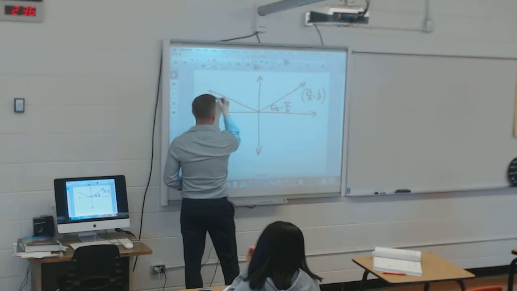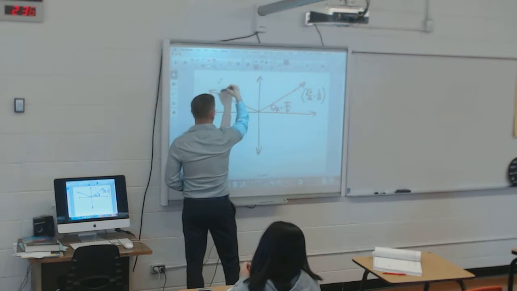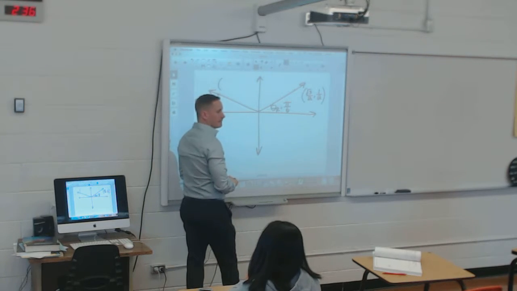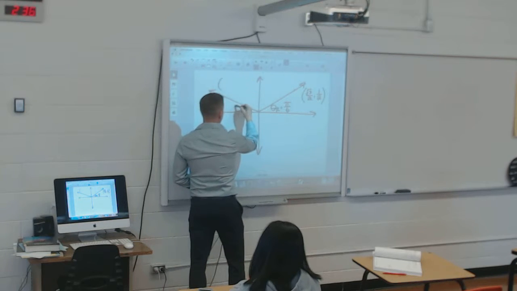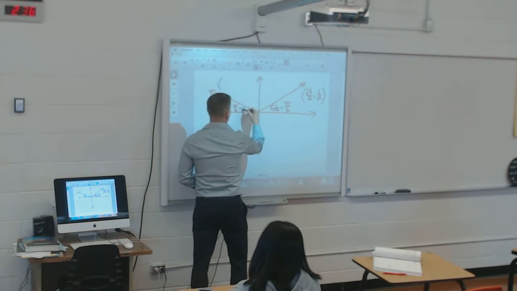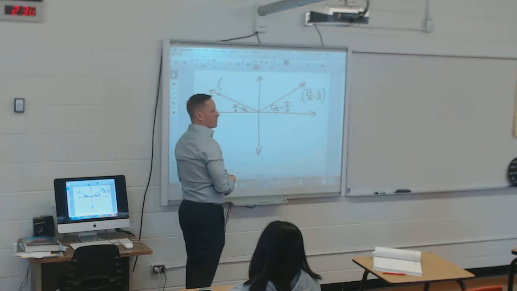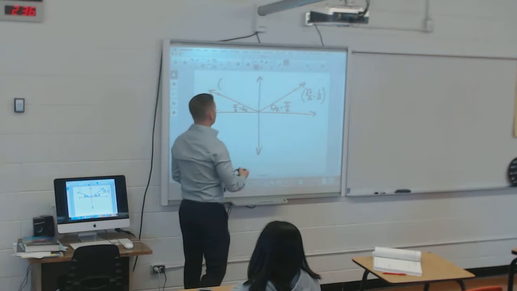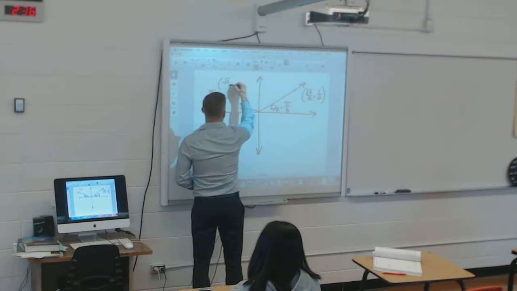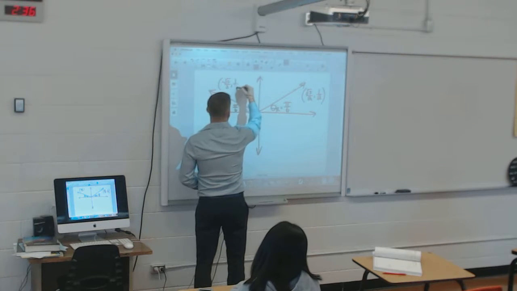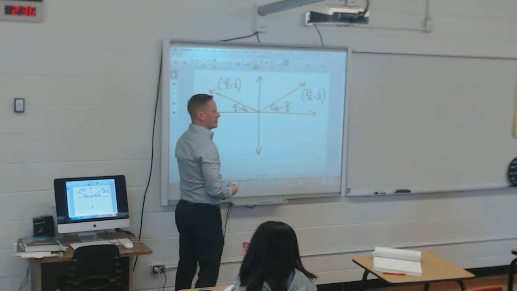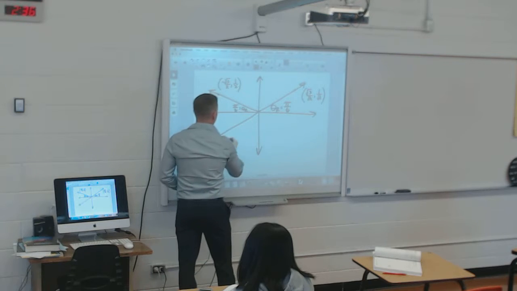The second quadrant is over here. What are the coordinates? This again is pi over 6. What are my coordinates now? The values don't change. What's changing on them?